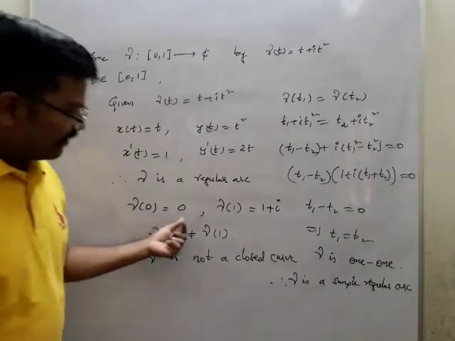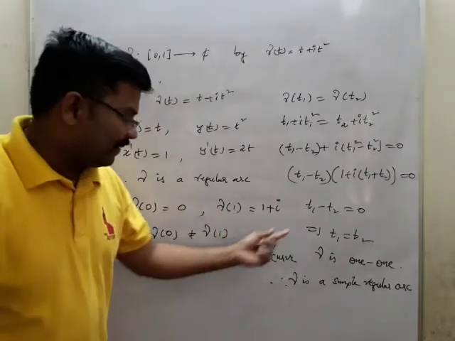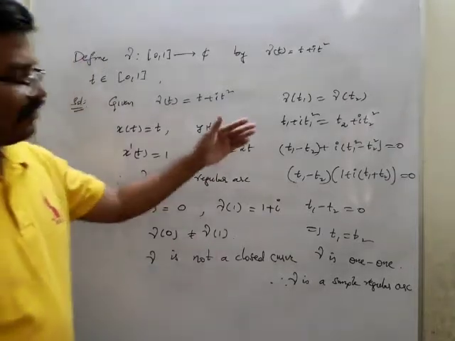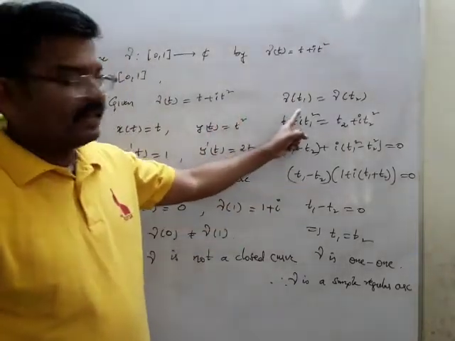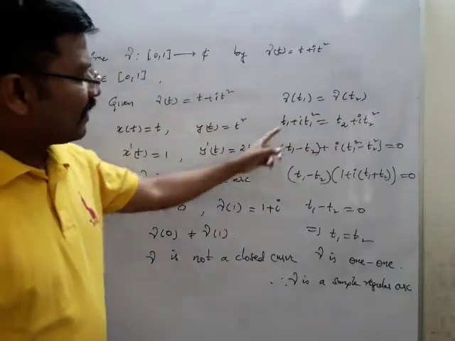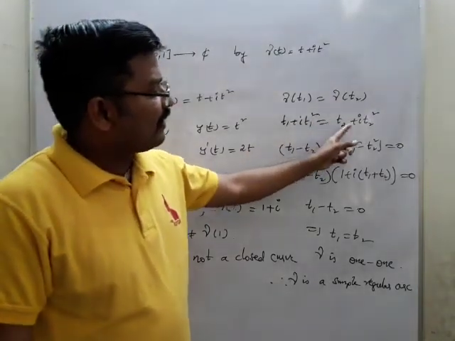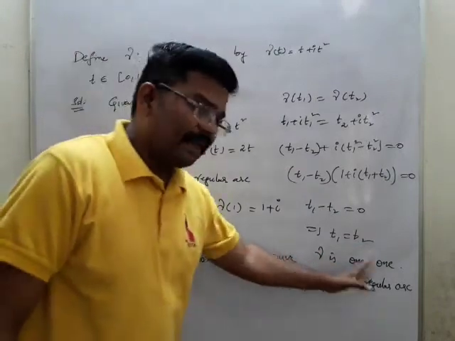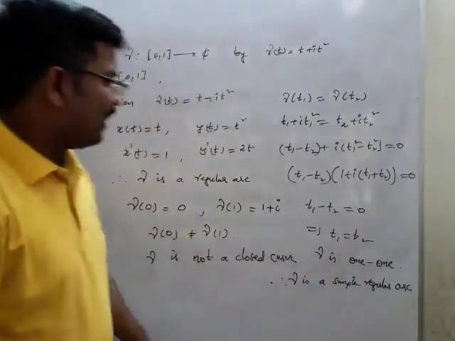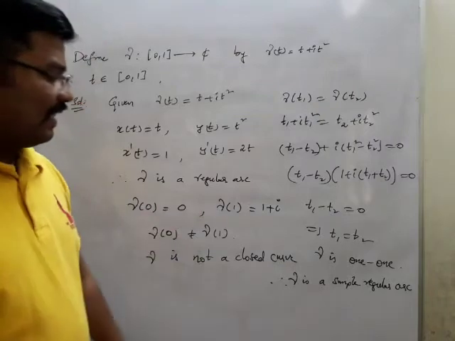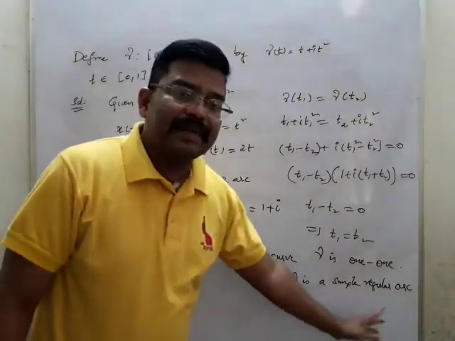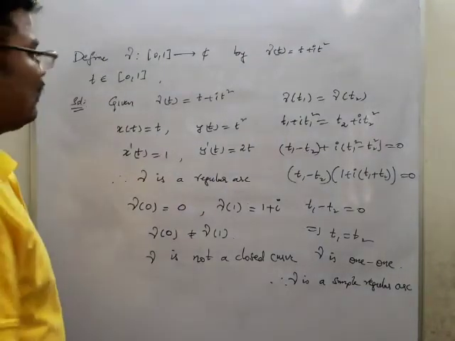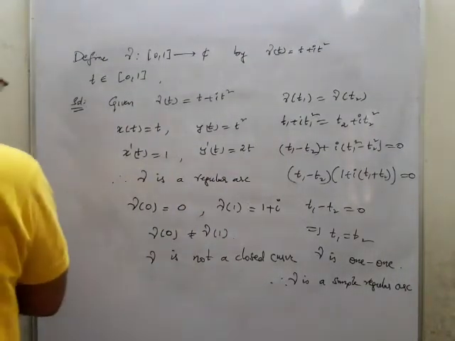Gamma of 0 is 0 and gamma of 1 is 1 plus i. These are not equal, so it is not a closed curve. And to prove one-one, I have taken gamma of t1 and gamma of t2, and you got t1 equal to t2. So gamma is one-one. Whenever gamma is one-one and a regular arc, gamma is a simple regular arc. This is how we can do this type of question.